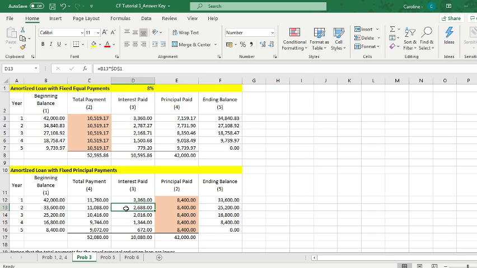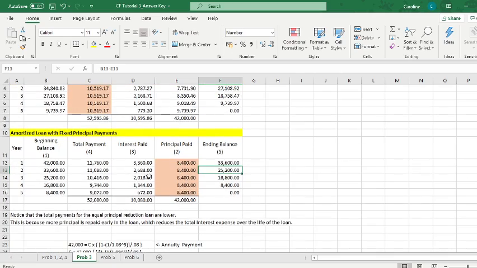You find the total payment by summing interest paid and principal paid up, and you find the total payment 11,088. The ending balance is found by subtracting the beginning balance with the principal paid. The ending balance of the year 2 will become the beginning balance of the year 3.